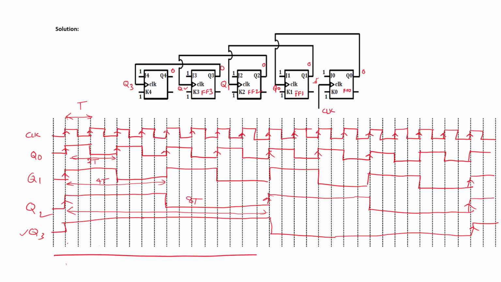And the Q3 time period is 16 times the clock. We know that the frequency is 1 by T. That means the frequency at output node Q3 is the clock frequency divided by 16.